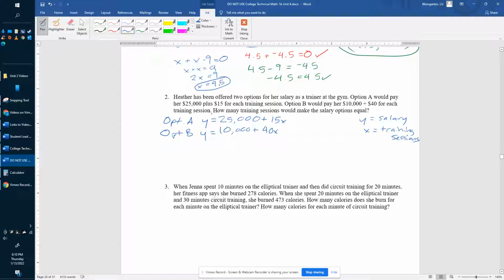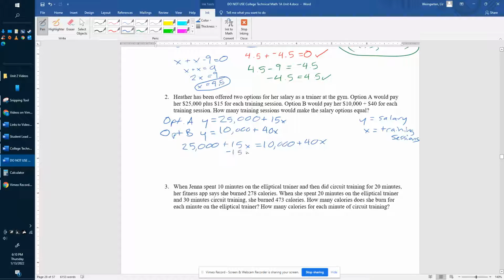So how many training sessions would make the salary options equal? So what would make these two equal? 25,000 plus 15x equals, so we can do substitution here, 10,000 plus 40x.